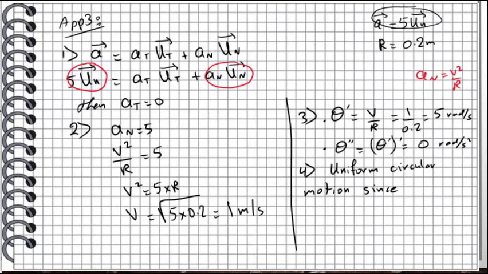Or since the angular speed is constant, I can answer by that. Or since the angular acceleration is 0, one of them. I will choose the easiest one, the angular acceleration is 0, and this application is done.